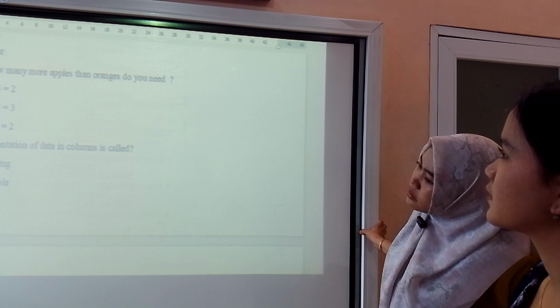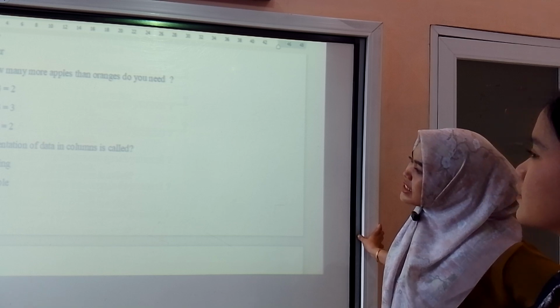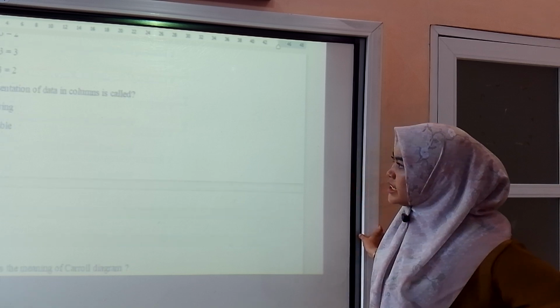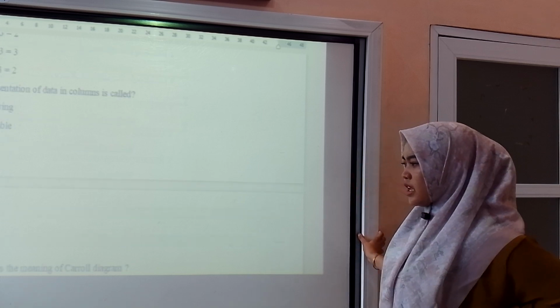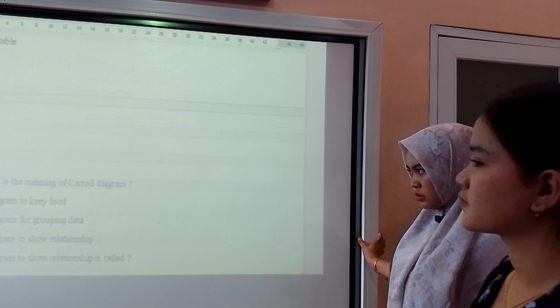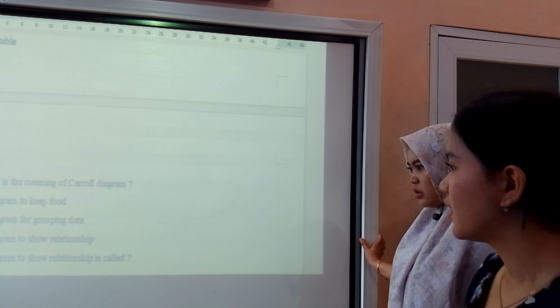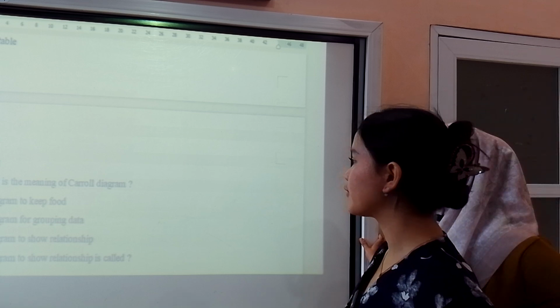Next, number 5 is David. Presentation of data in columns is called a table. Okay, next, Miss Sonia. What is the meaning of Carroll diagram? The answer is B, a diagram for grouping data.